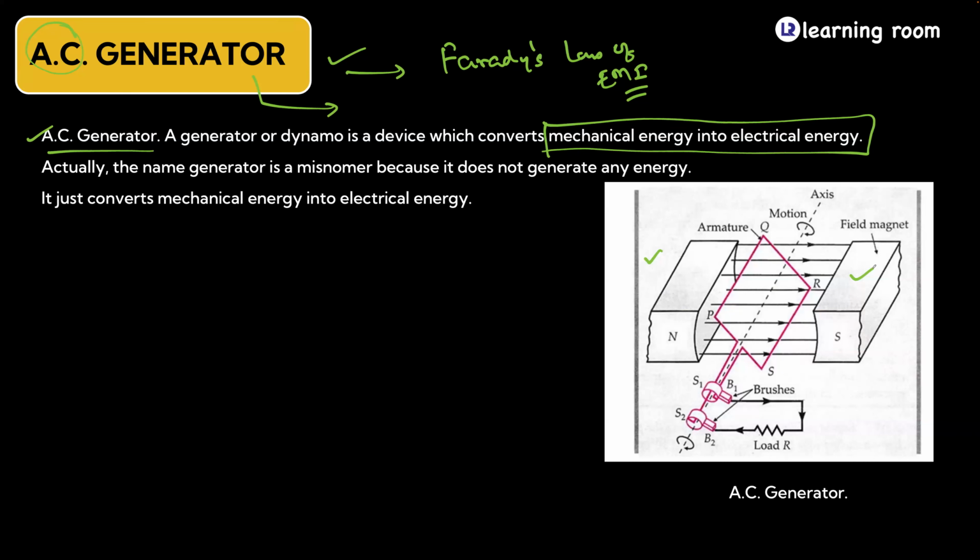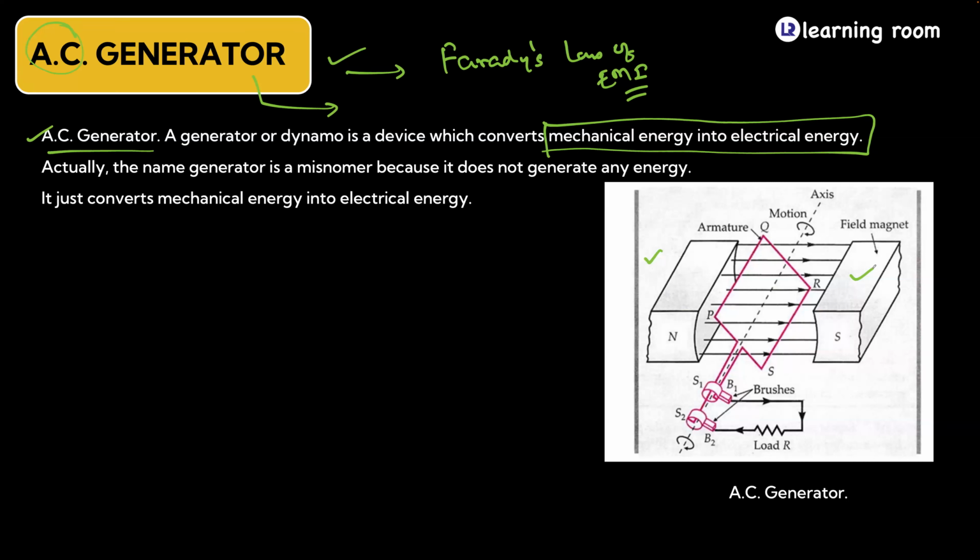So is there a change in flux taking place? Initially, what was the flux associated? 0. When it has come like this, what is the flux associated? It will be maximum, because B is in this direction and the areal vector is also in the same direction. So B and A being in the same direction, flux will be maximum.